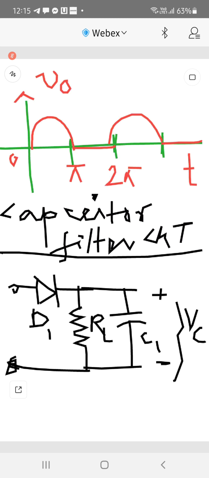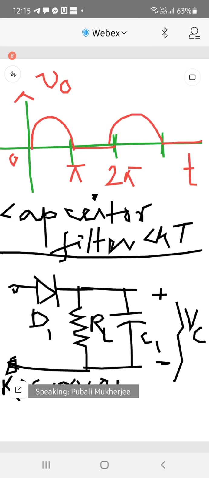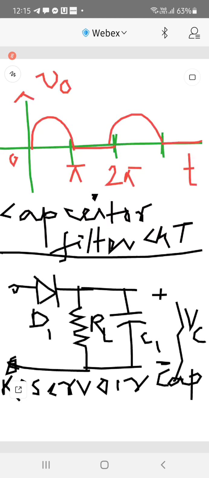So this is how we have the capacitor. C1 is called a reservoir capacitor.